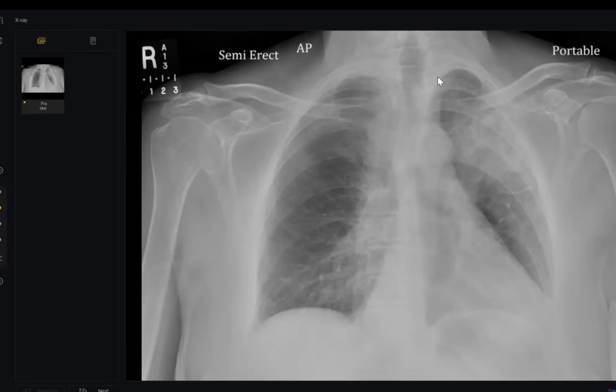Second, you forgot to talk about the volume loss here. Shifting mediastinum, elevating the diaphragm. Okay, doctor, you are with me? Yes, yes, sir. Okay. This is important to be mentioned because this is very easy. These are very easy comments, but the examiner may deduct marks because all of these are one process.